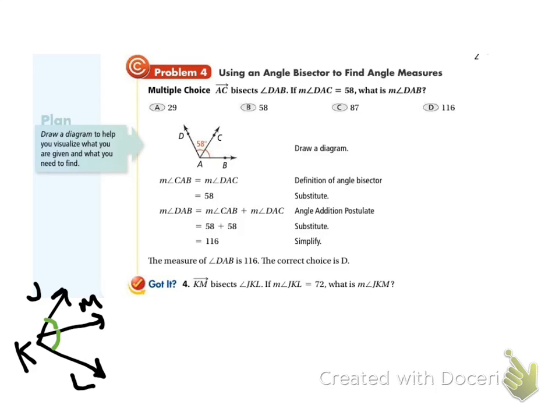So if angle JKL, the whole thing, is 72 degrees, what is the measure of angle JKM? Well, if it bisects it, it splits it equally into two. So 72 divided by 2 gives me 36 degrees. So each angle is 36 degrees.